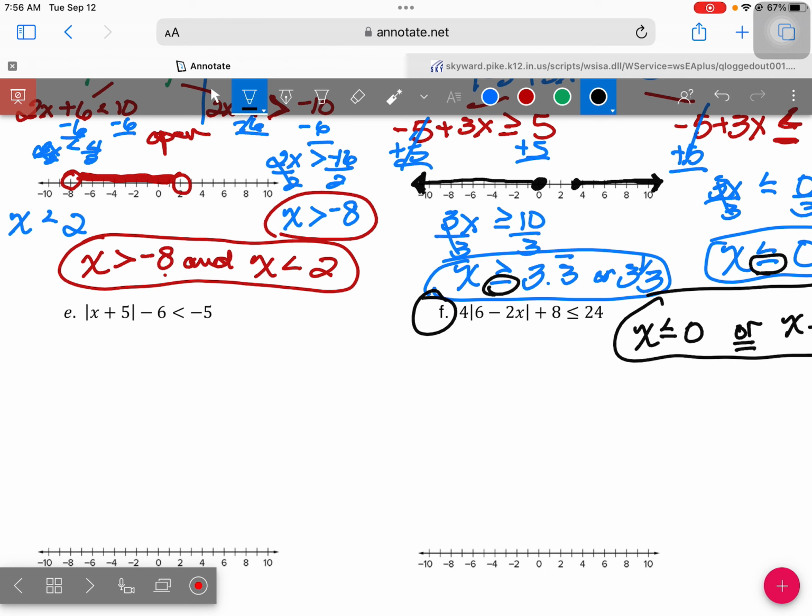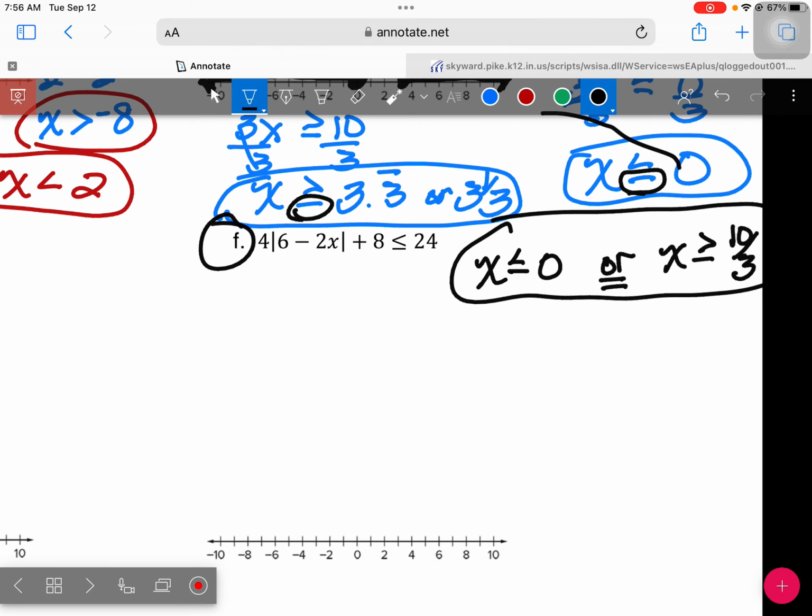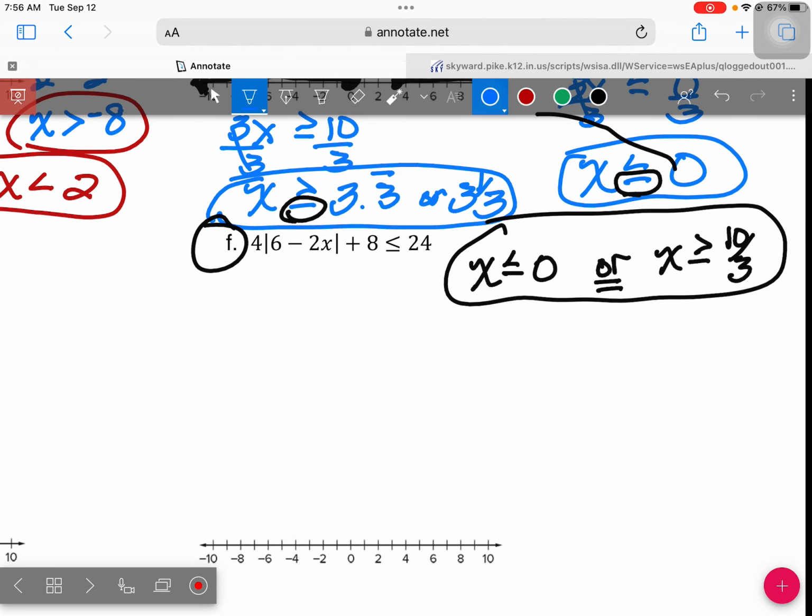The absolute value of 6 minus 2x is less than or equal to 4. Now it's isolated. I can go into my 2 cases. So I say 6 minus 2x is less than or equal to 4. That's the positive. And 6 minus 2x, compare it to negative 4. I am switching and flipping the sign. So this is greater than or equal to.